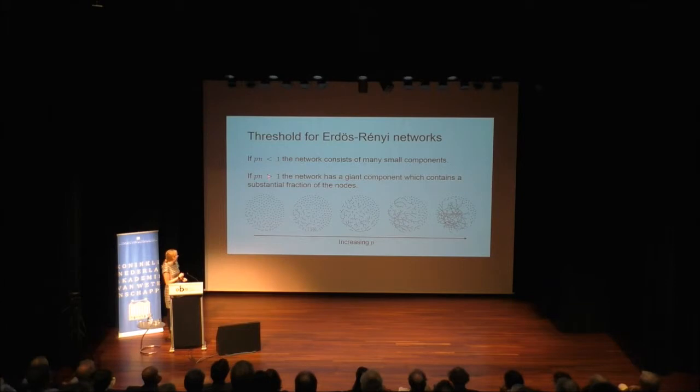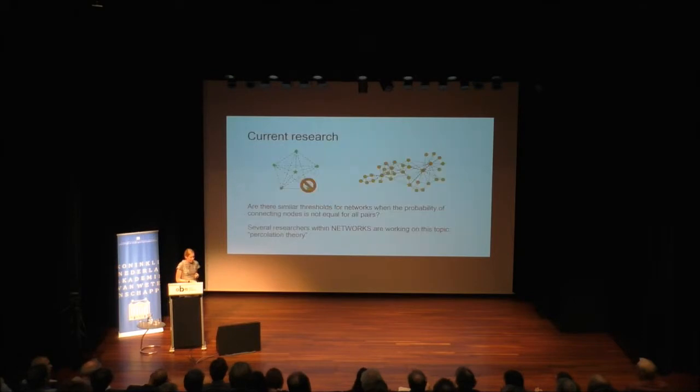Whereas if P times n is larger than 1, the network is likely to have a giant component which contains a substantial fraction of the nodes, which is bad news for a disease that runs on the network, or for us, maybe not for the disease. Because if it looks more like this, and one of these nodes gets infected, then all these nodes will get infected in the end. And so, this is different Erdős-Rényi networks for increasing values of P.